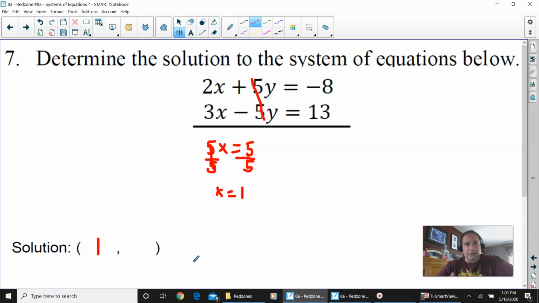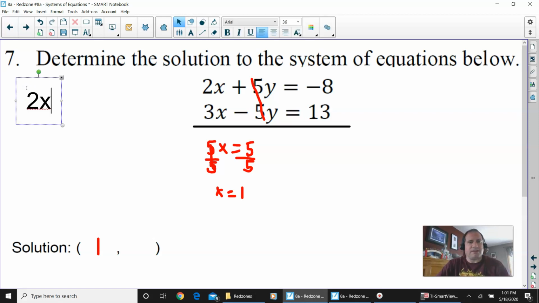But we need a y. So which equation looks easier to you to use? I'm going to just use that first one. I don't know. It doesn't matter, really. And I'm just going to write that down.